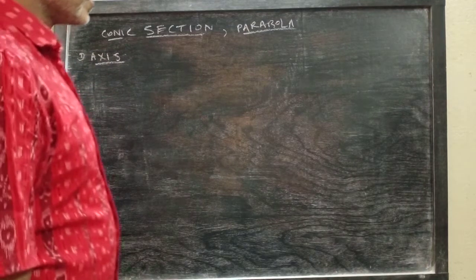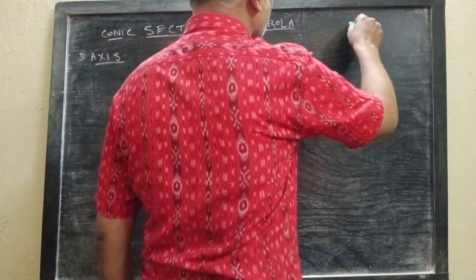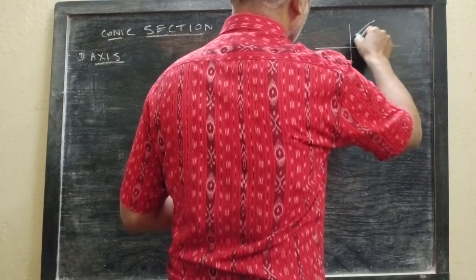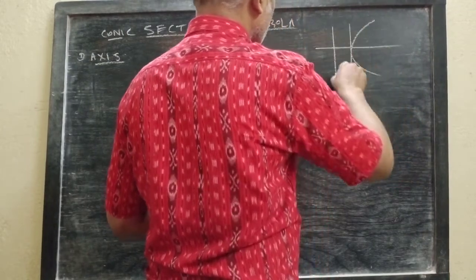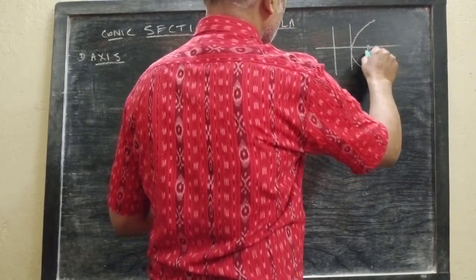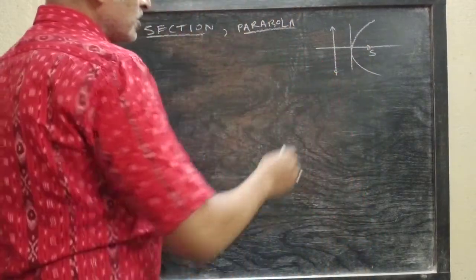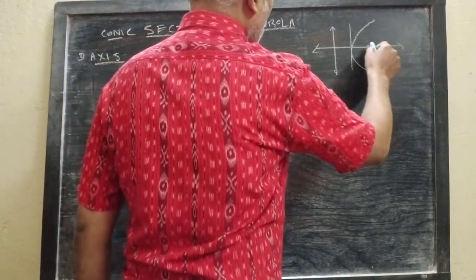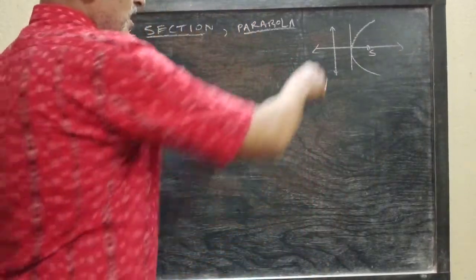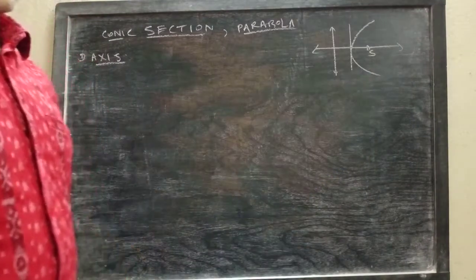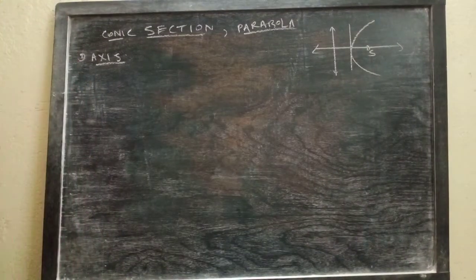What is axis? This was our parabola. This is focus, this is directrix. Look, the line passing through the focus and perpendicular to the directrix is defined as axis.